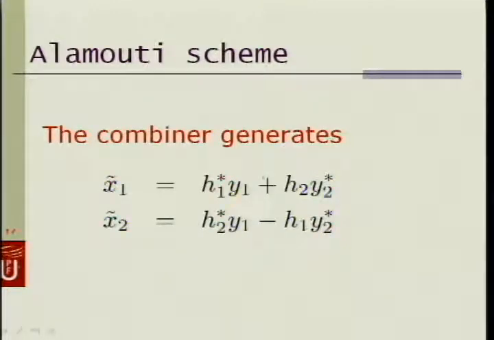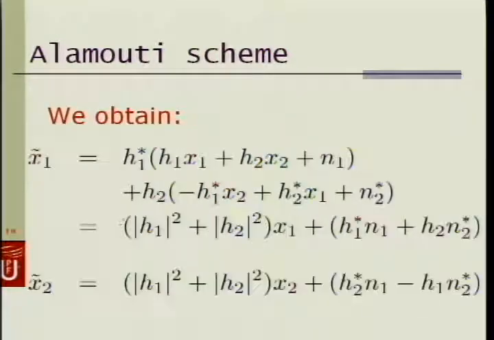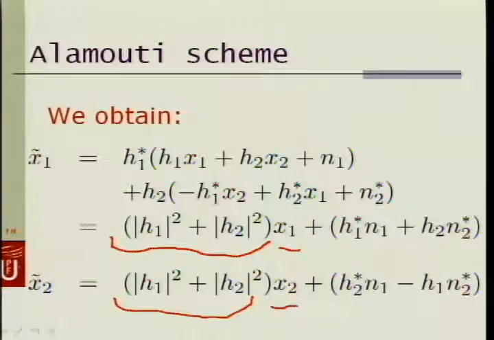If we do the calculation that leads to x1 tilde and x2 tilde, you discover that x1 tilde is equal to x1 multiplied by a certain quantity that I'm going to comment upon in a moment, plus noise. And x2 tilde is equal to the same term multiplying x2, plus noise.